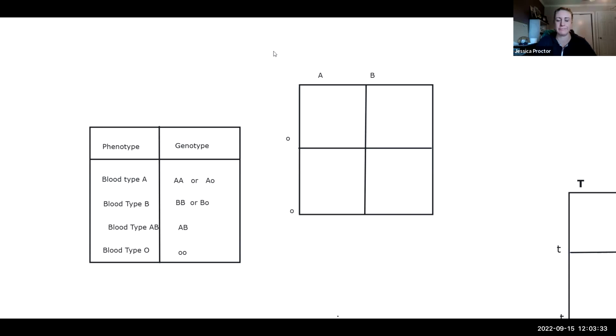Now we're on practice problem 2 underneath the ABO blood typing. The practice problem is telling you that one parent has blood type A, the other parent has blood type B, and that they have a child with blood type O. Is that correct?